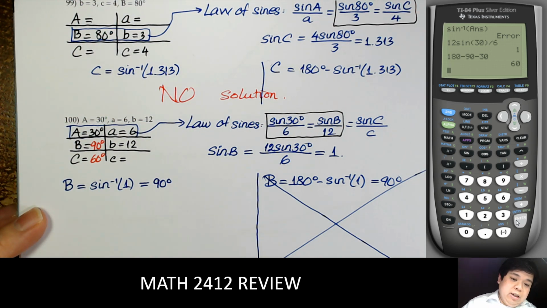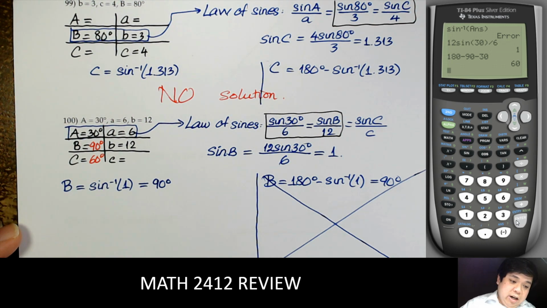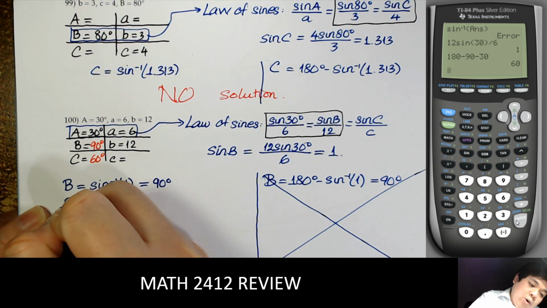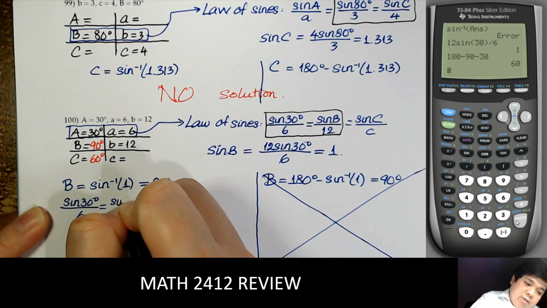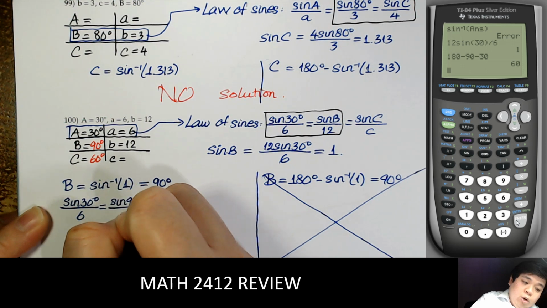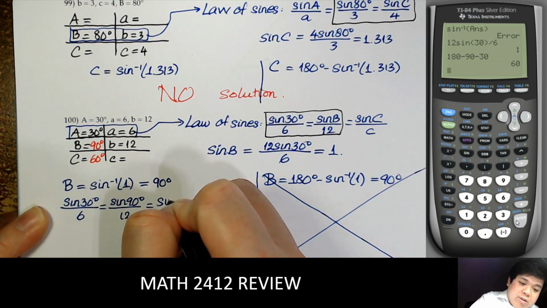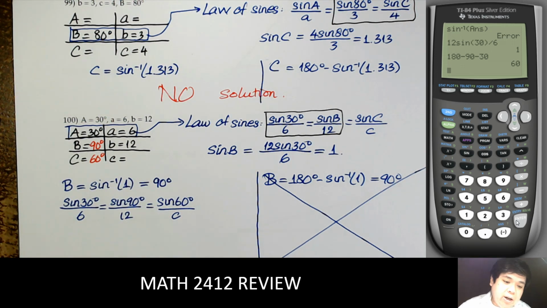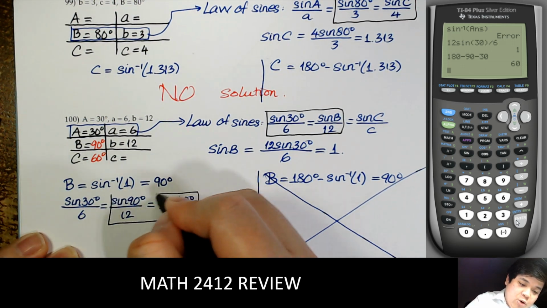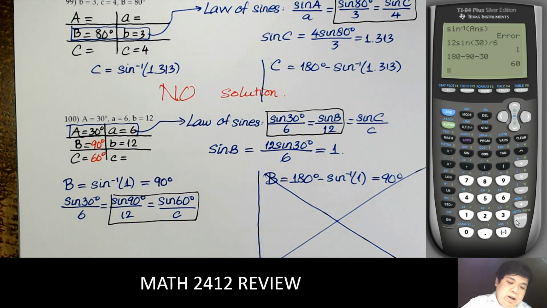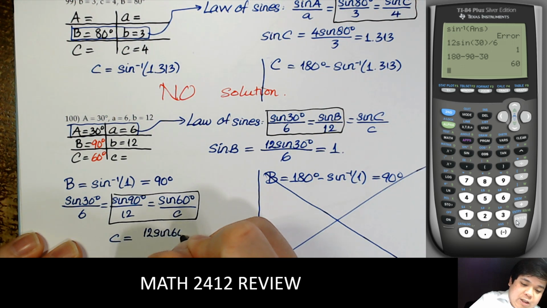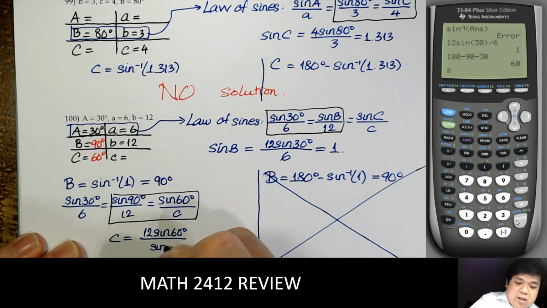And then finally, let's write out the law of sine again. Sine of 30 degrees over 6, sine of 90 degrees over 12, and sine of 60 degrees over C. The last ratio, let's just cross multiply, and we have C equal to 12 sine of 60 degrees divided by sine of 90 degrees, which is 1.